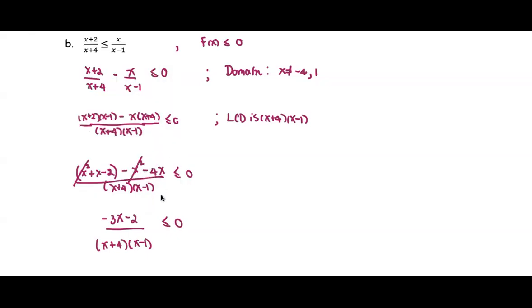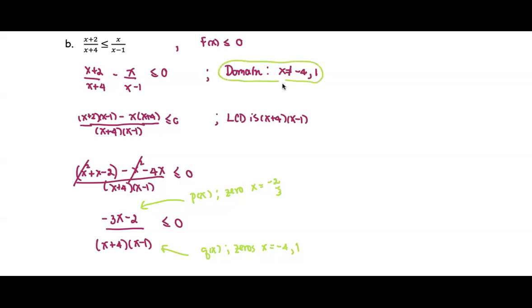Now we have the expression for P of x, and the zero of this is x equals negative 2 over 3. We have Q of x, which is the denominator, and its zeros. We have two factors, so we have two zeros: x equals negative 4 and x equals positive 1, which is the same as the domain.